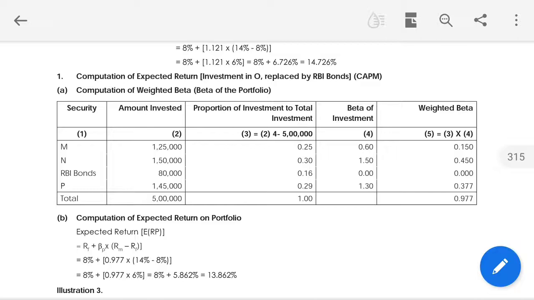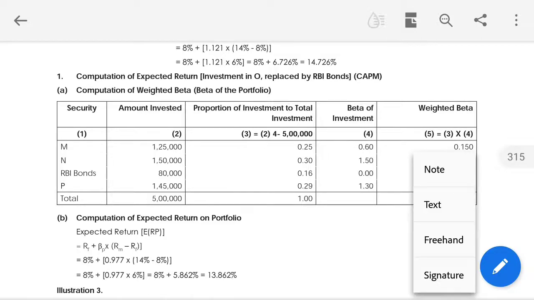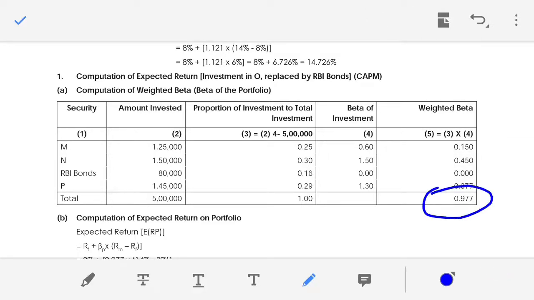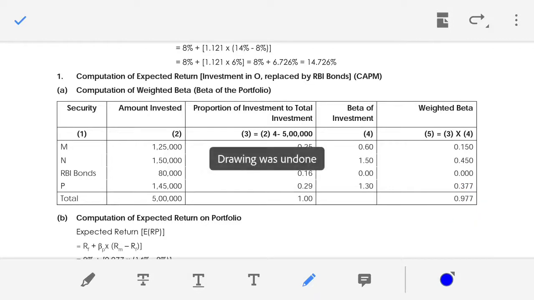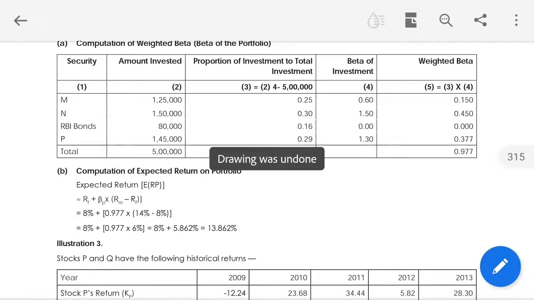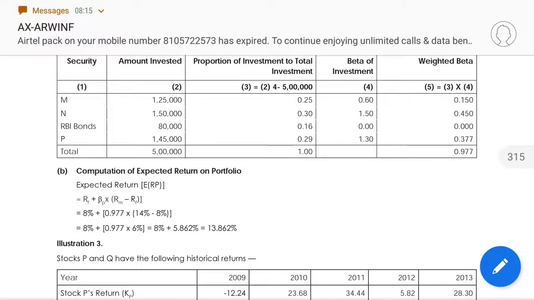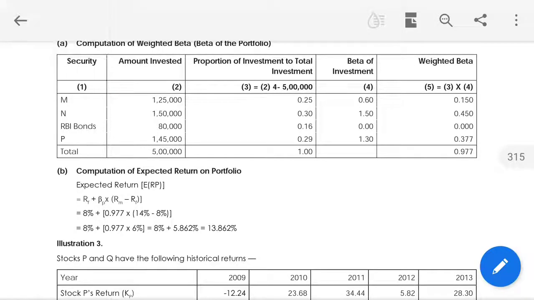Risk-free return is 8%, undiversifiable risk, that is the weighted beta we calculated, 0.977 into market return 14% minus 8%. So when we calculate this, expected return is 13.862%.